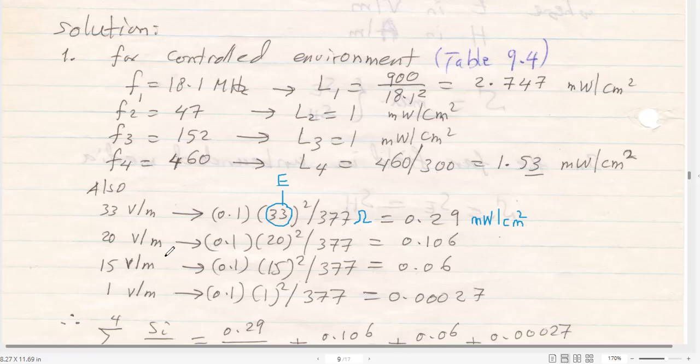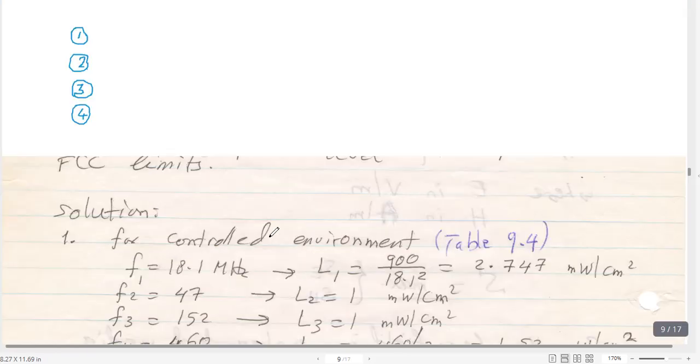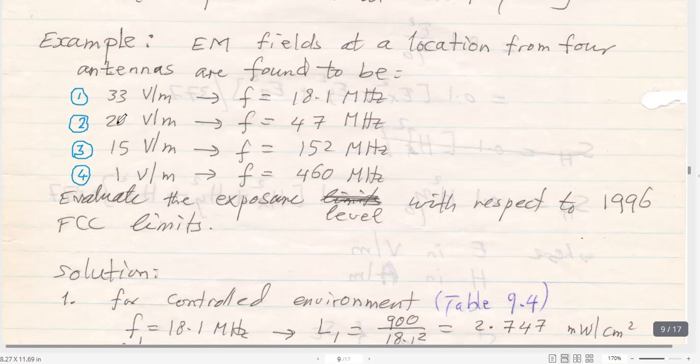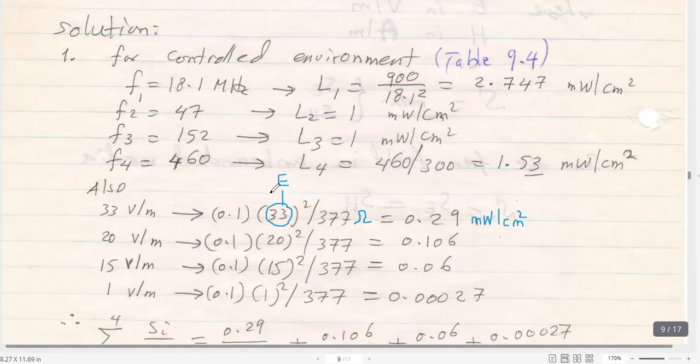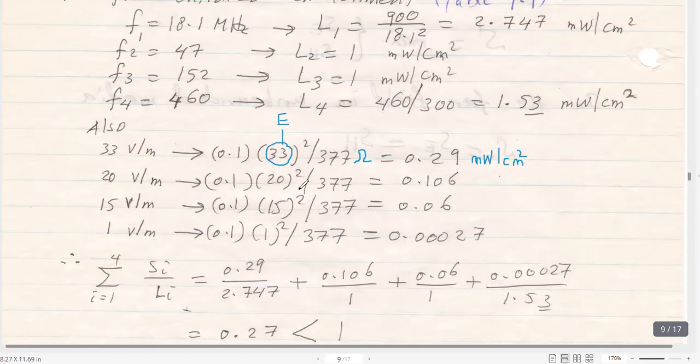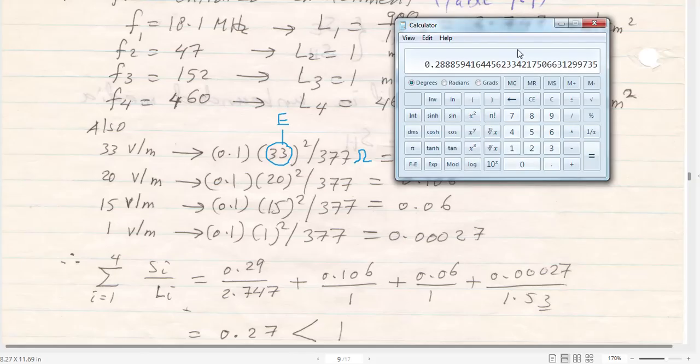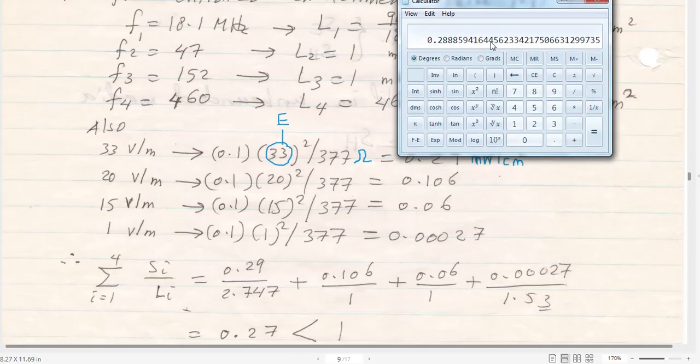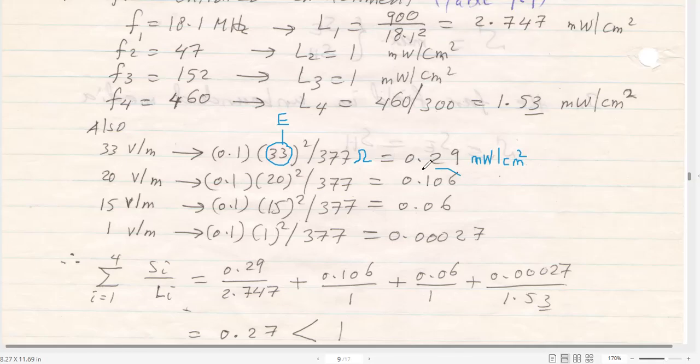For the second, the electric field is 20 volt per meter. It is 20 squared times 0.1 over 377, and this is equal to 0.106.